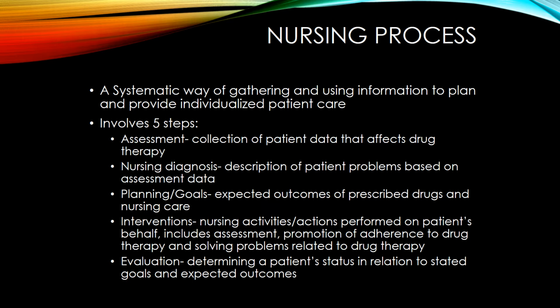The next step in the process is planning, or basically our goals, and these are expected outcomes of prescribed drugs and nursing care. So, with the nursing diagnosis of at risk for injury related to adverse effects, our goal is that we don't want any adverse effects, if at all possible.